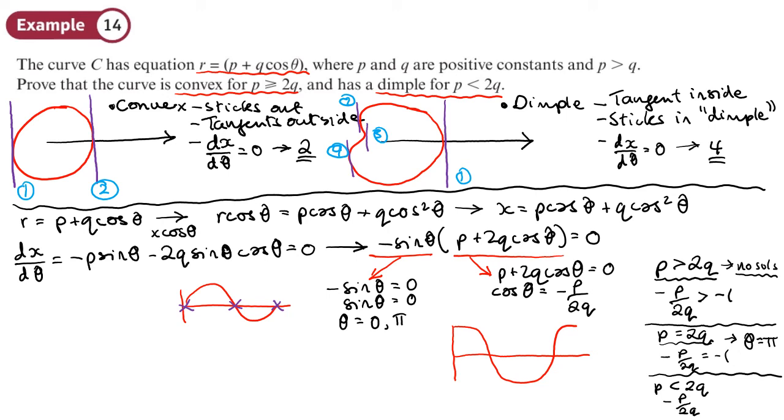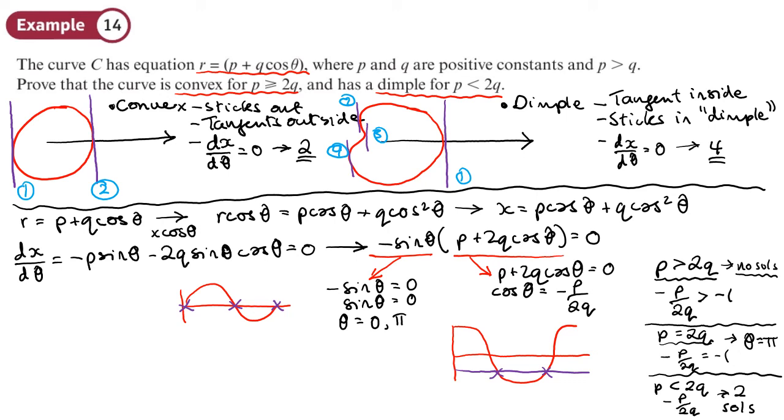Now what I mean by that is I'm going to have some sort of negative fraction. And if I get a negative fraction, what I'm going to have is basically a line that goes like this. So can you see this one has two solutions? So I'm just going to write down two solutions.